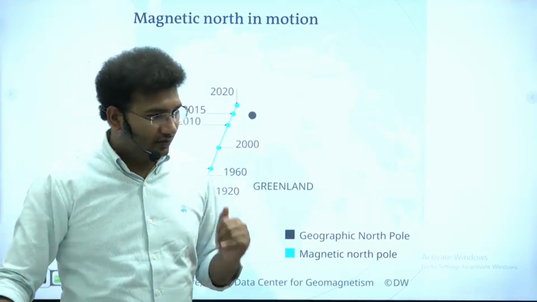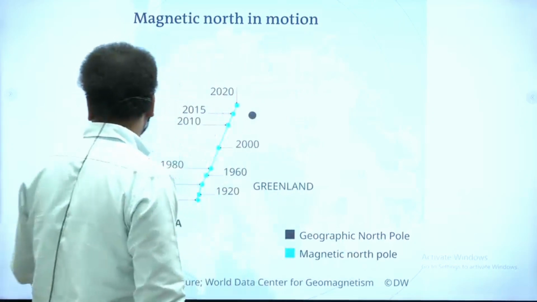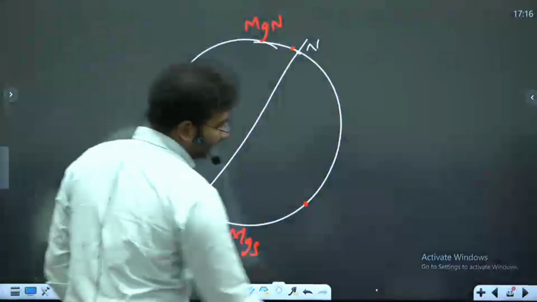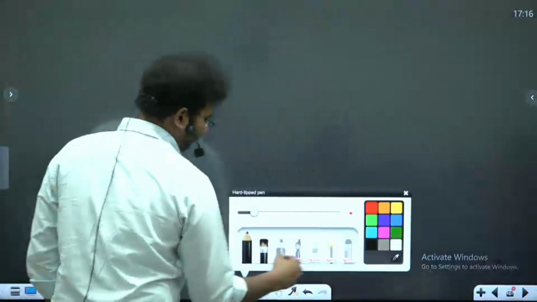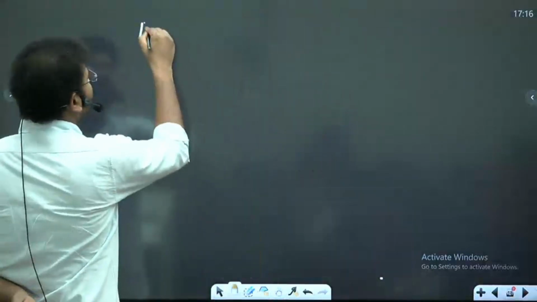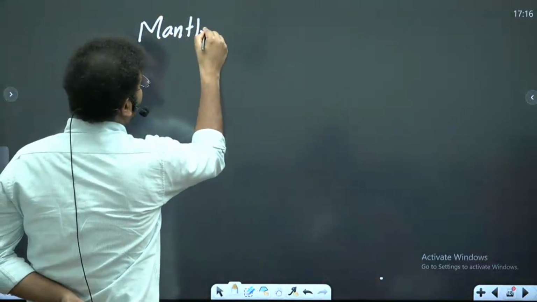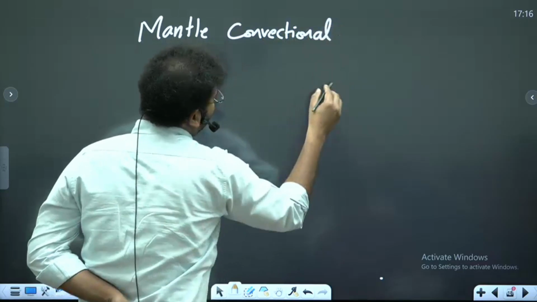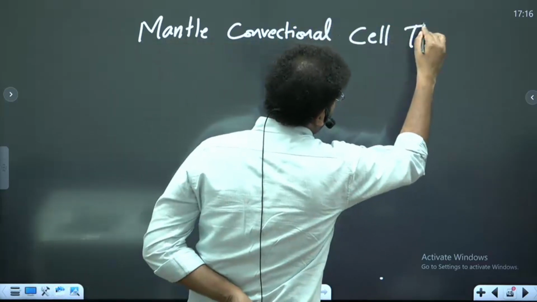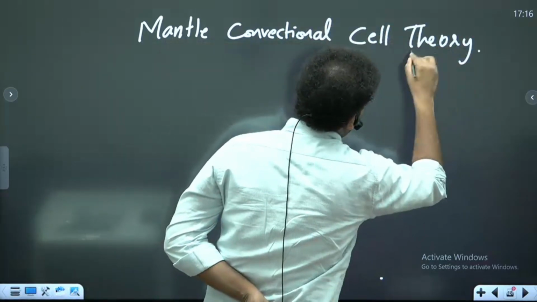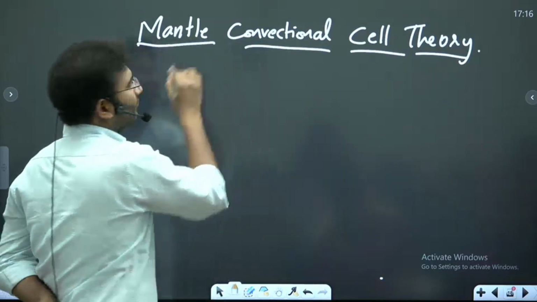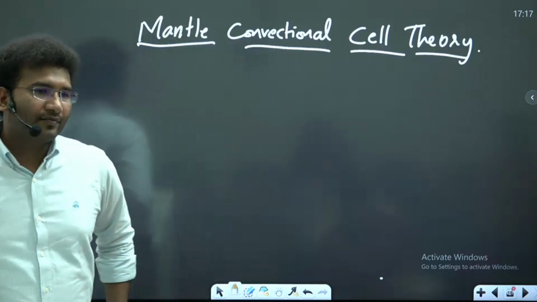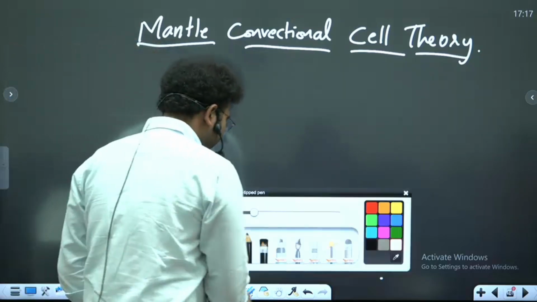Right? Now, the next theory that I have to explain is Mantle convectional cell theory. So look at this Mantle convectional cell theory.